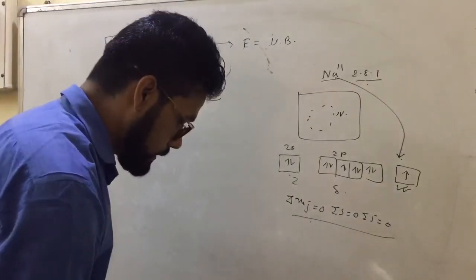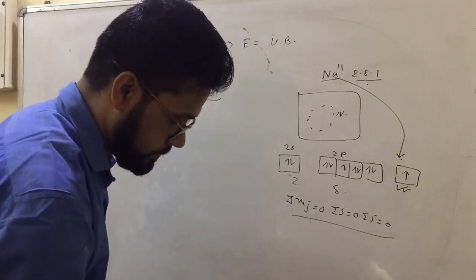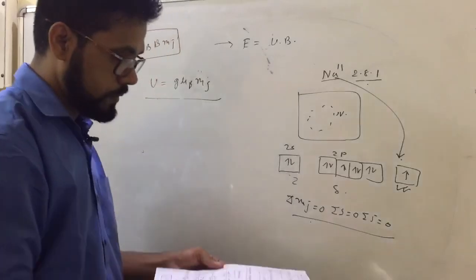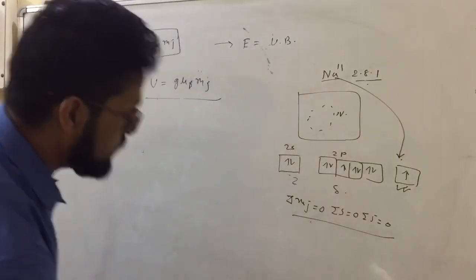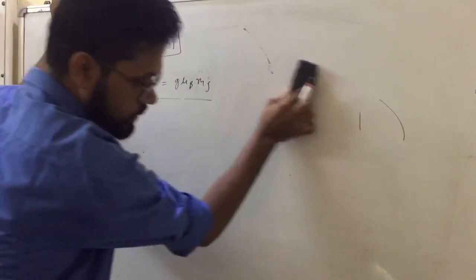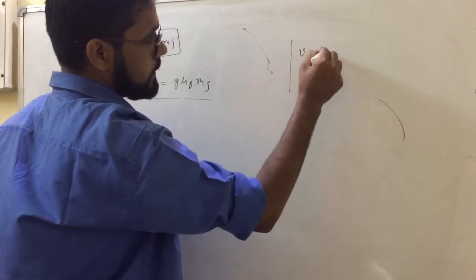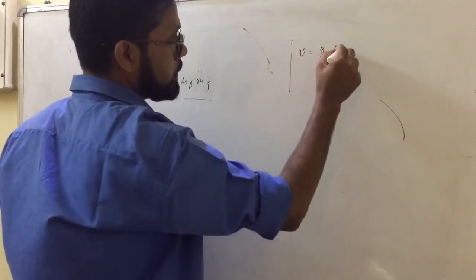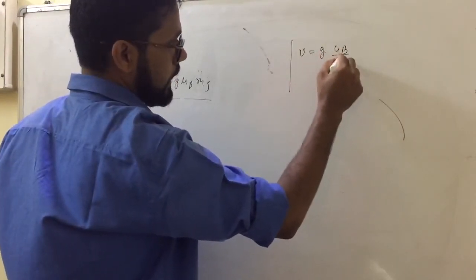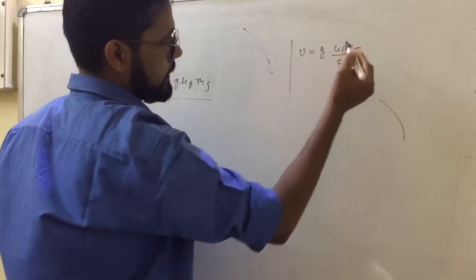Now I am going to give you one numerical problem so that you understand better. In classical theory, you can simply write mu equal to z mu_B by s cross into z.